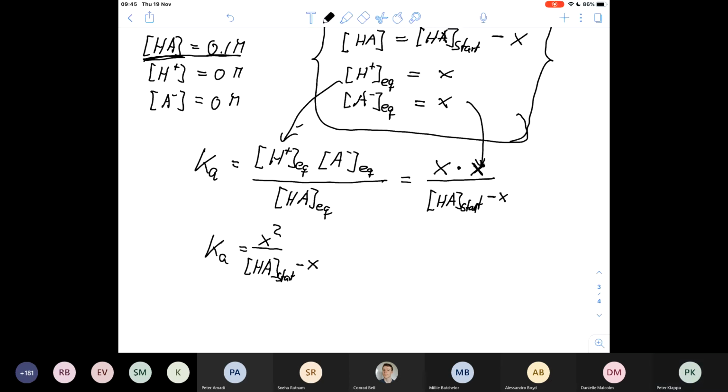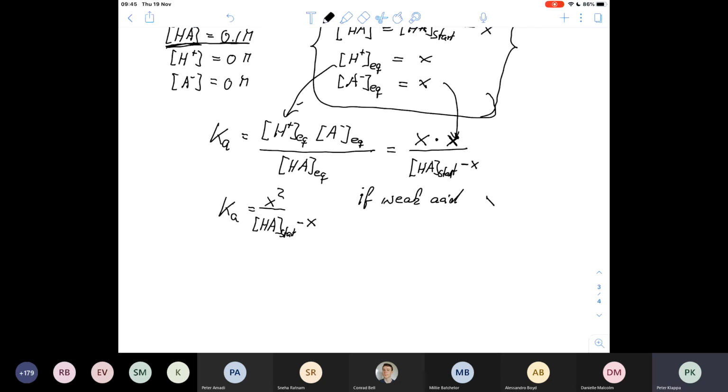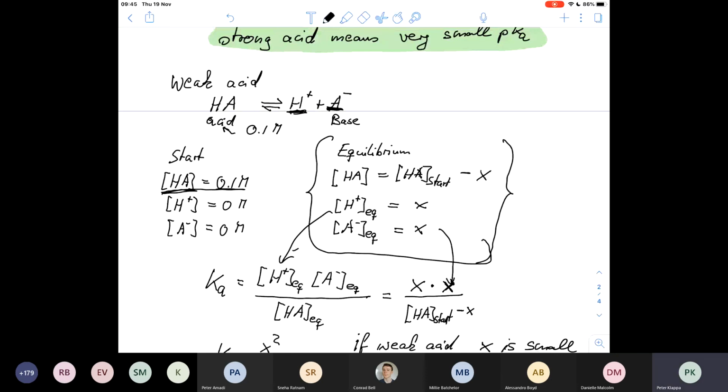Now, we said if it is a weak acid, then X is very small, because it does not dissociate really.